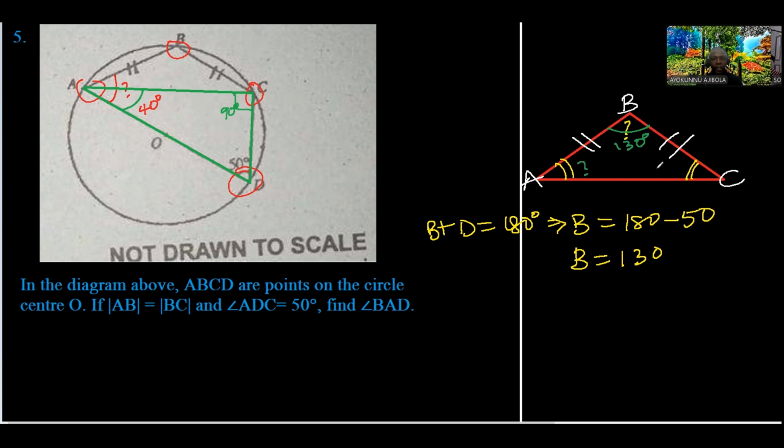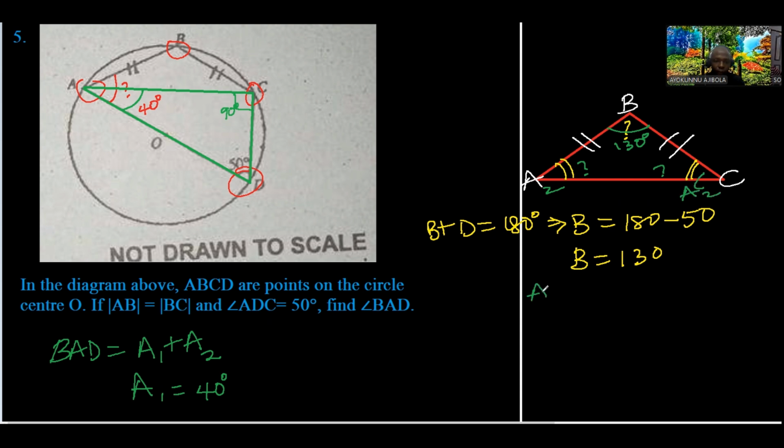Then we can find these base angles. Which one of them is part of the A? So let us say the angle we're looking for, BAD, will be A1 plus A2. We already know A1 equals 40 degrees. Then let us find A2 here. To find A2, we can use this as A2 and this also as A2.